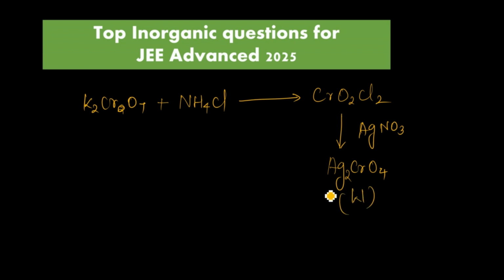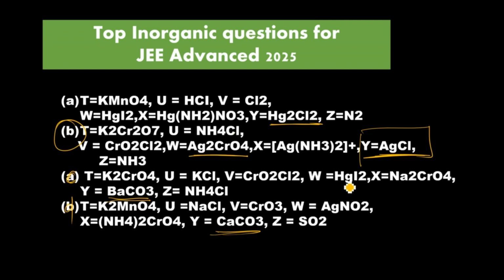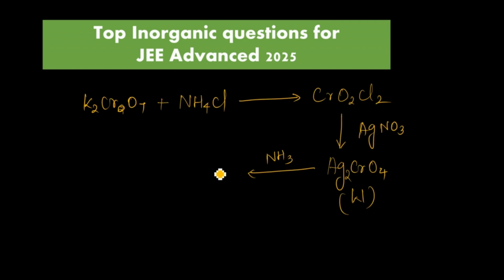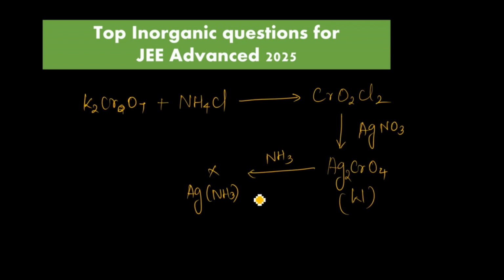That is our W. Then W with ammonia giving X. This reaction we very well know, that is giving X, that is the complex of Ag(NH3)2 plus.